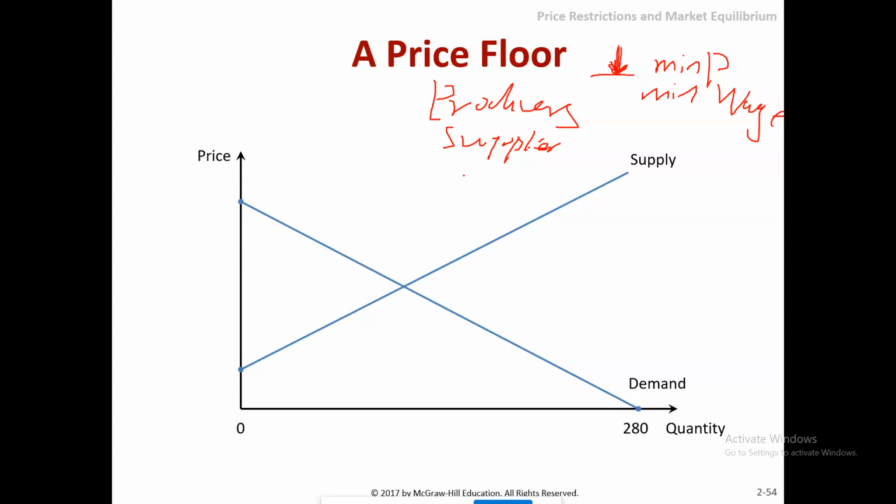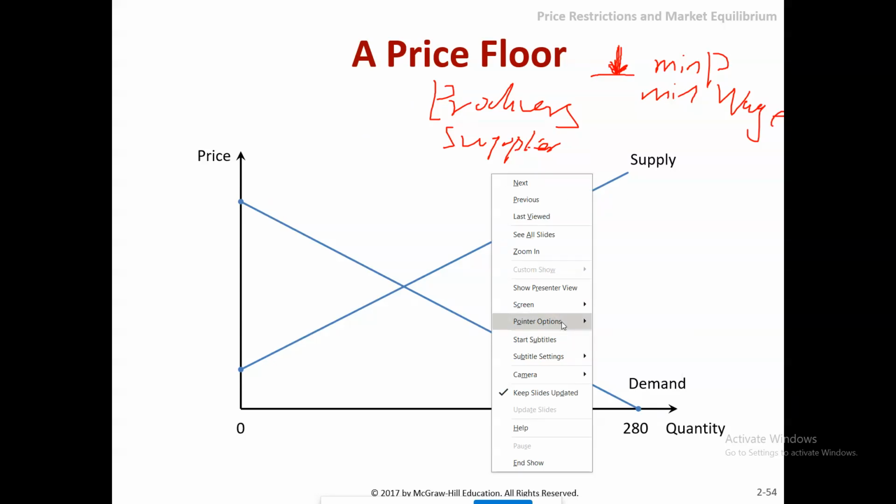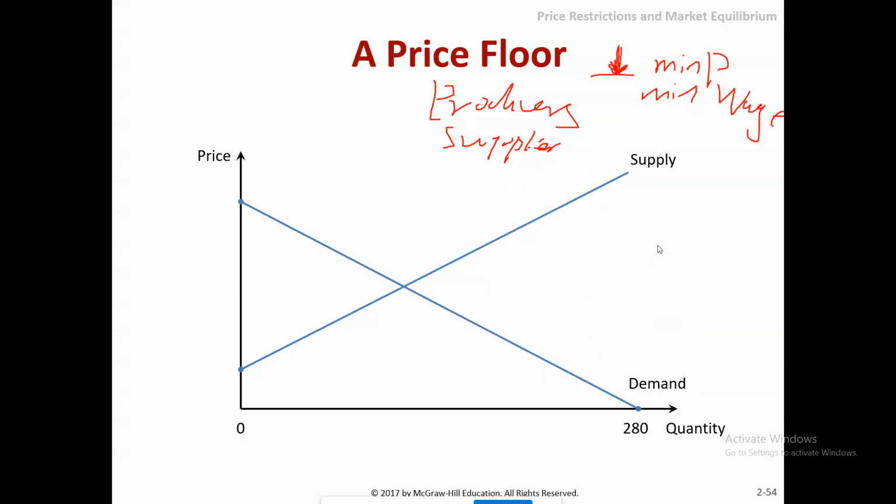There's a price floor. Let's see what the effect of a price floor is. A price floor is established to help or protect producers or suppliers. There's a market equilibrium price and equilibrium quantity, and the government thinks the equilibrium price is too low, so they set a higher price than that. It's a price floor. At such a high price, consumers can afford a very limited amount.